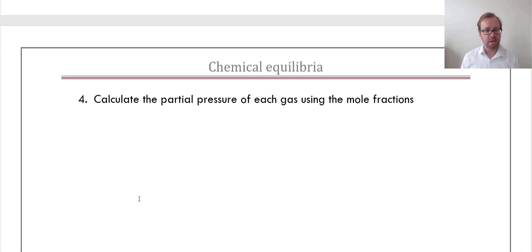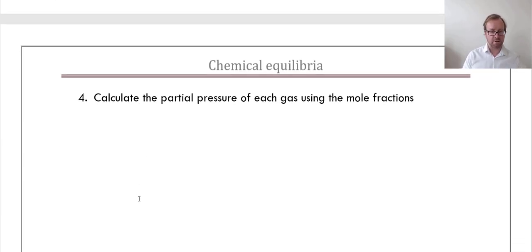Okay, moving on. So calculate the partial pressure of each gas using the mole fraction. So my total pressure is the sum of all my partial pressures, which is my total number of moles.